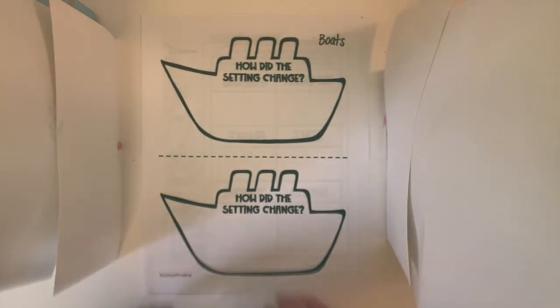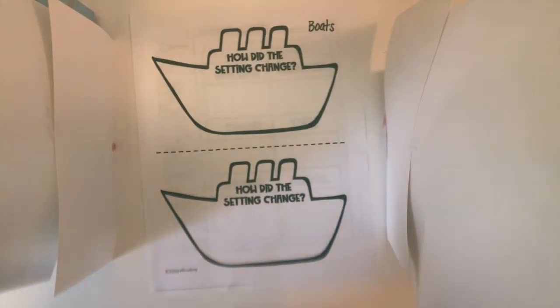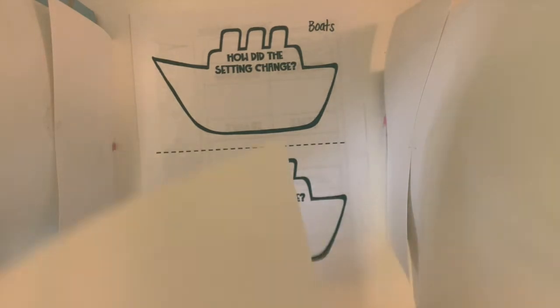Now friends, you might notice, if you flip that page over, that you have settings matching on the back. And for this activity, you'll have to cut some things. But if we cut there, it will cut into our boats. So that's why I had you grab another piece of paper. If you take your blank paper, you can place it over your boats and you can trace them just like this.